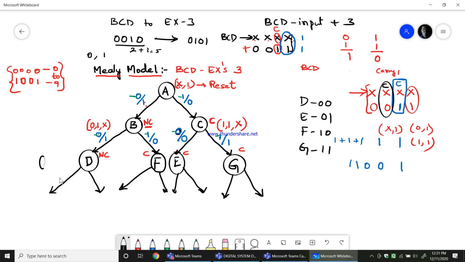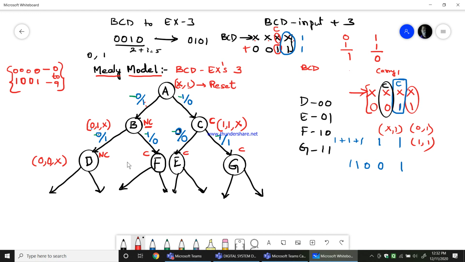So, initial carry is 0, so 0, comma, the bit which I will be adding is 0, and then X. For this D, no carry, right? Therefore, no carry 0, and the bit which I will be adding now is 0. Therefore, 0, and input is X.